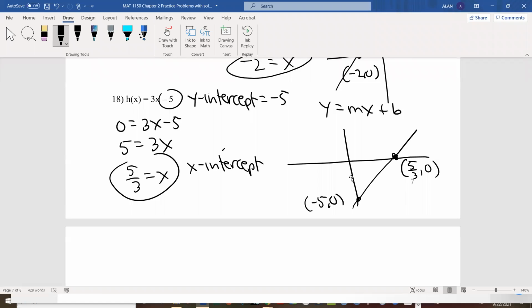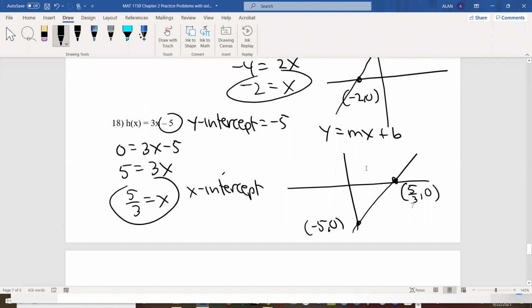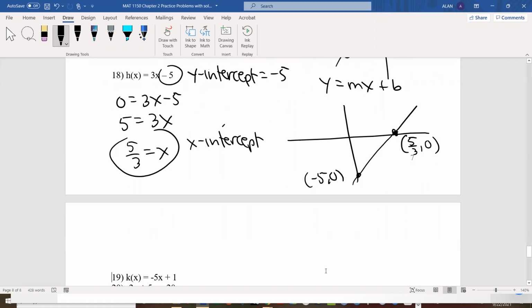And the slope you can see is 3, so that looks like it's right. But as far as the question is concerned, if you wrote down for your answer 5/3 for x-intercept and -5 for the y-intercept, that is fine. You don't have to draw the picture or anything like that.